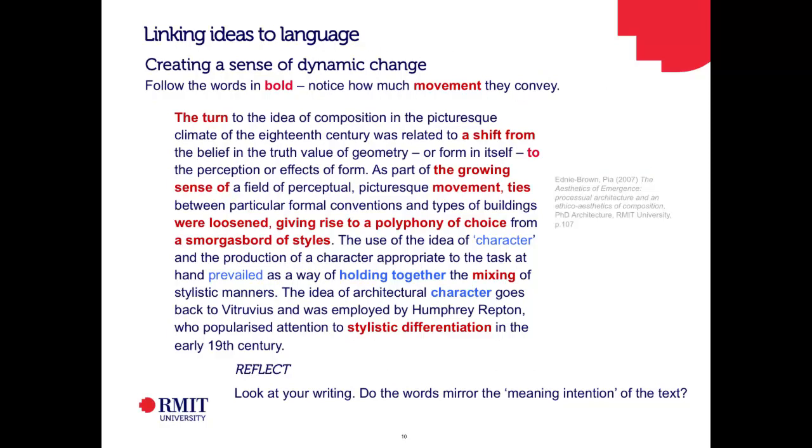For example, in her thesis, Associate Professor Pia Edney-Brown intentionally selected words that would evoke the dynamic explosion in architectural styles that occurred during the 18th century in England. She uses rich language full of movement in order to signal these significant changes: turning, shifting, growing, ties loosening, a polyphony of choice, a smorgasbord of styles, mixing, stylistic differentiation.